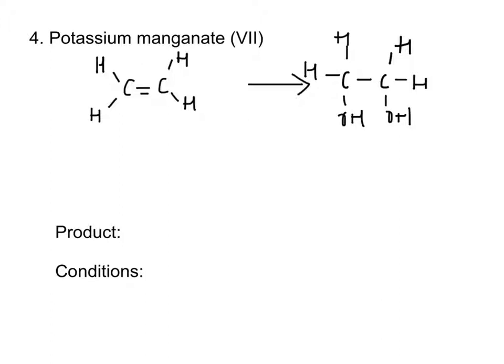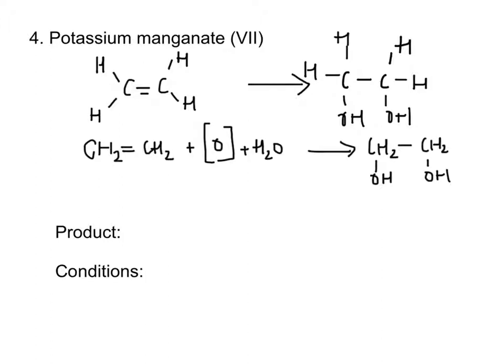We represent this by a bit of a cheating equation. So you can see here this O in square brackets. This is a much simplified equation of something that's more complicated going on. The reaction is an oxidation. Potassium manganate 7 is a good oxidizing agent, and it has oxidized the double bond to a molecule that has got two OH groups, so is a diol.